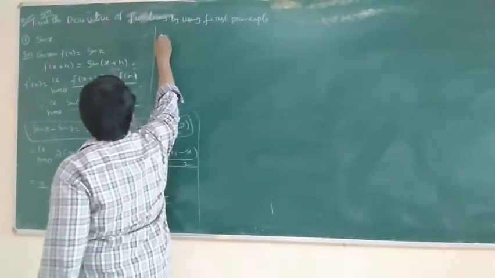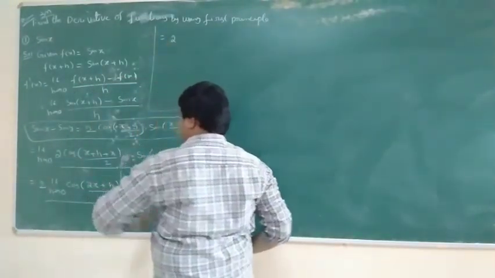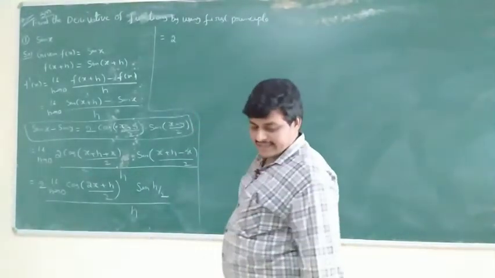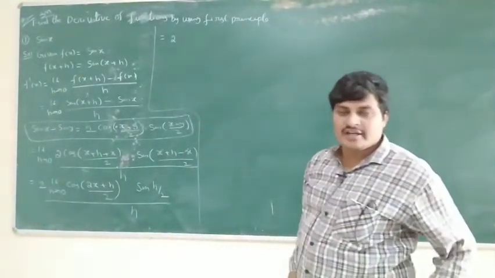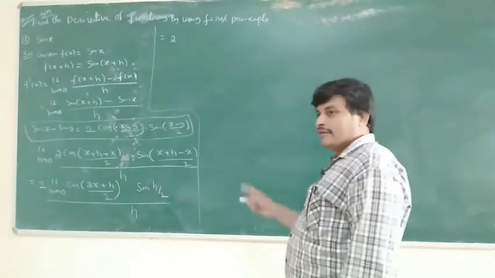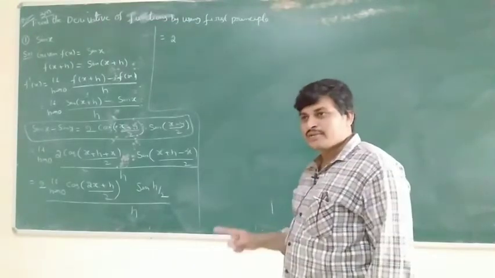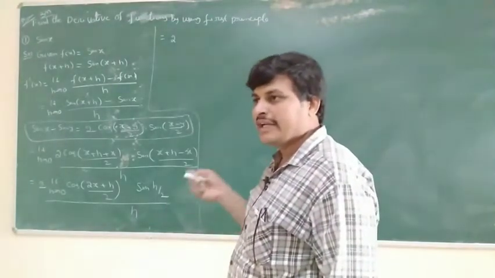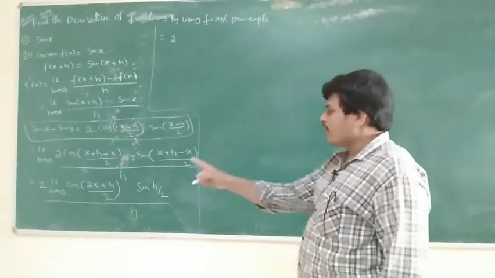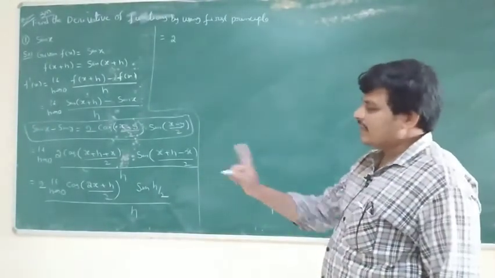So that is equal to two functions, separate the limit. Algebraic limits are properties of limits: limit x tends to a of f of x into g of x is equal to limit x tends to a of f of x into limit x tends to a of g of x. Two or more functions can be separated by the limits.